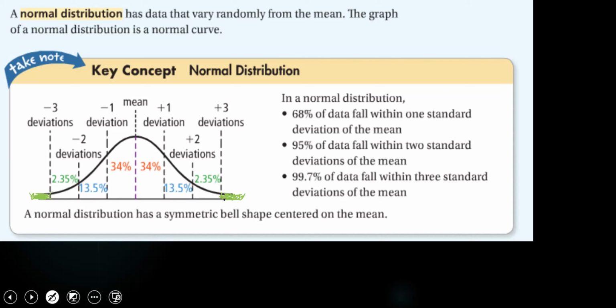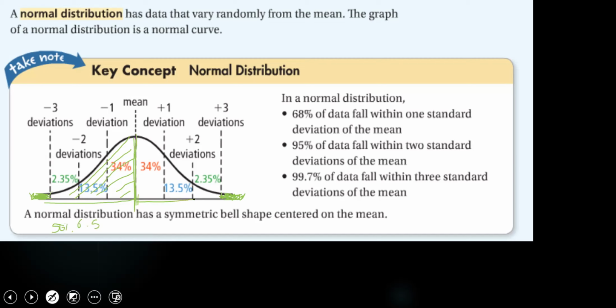The second thing: when you have the mean here, the area under the mean is 50%. Don't add 34 plus 13.5 plus 2.35. From under the mean here, it is 0.5 or 50%.